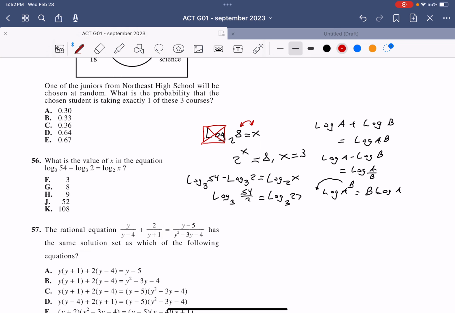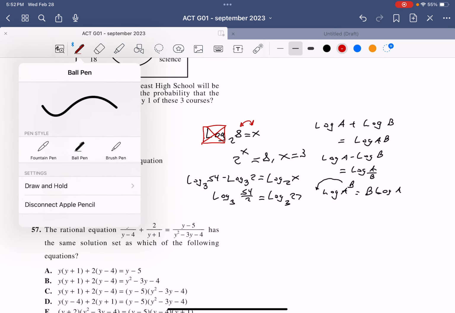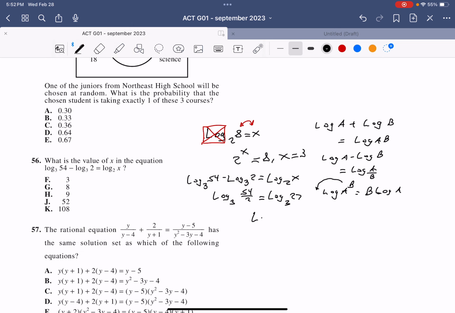I'll rewrite it first: log base 3 of 27 is equal to some number, we'll call that y. We're going to commit a murder, kill the log and bury it, and hide the evidence by switching the 27 and the y, and then rewrite it. So it's 3 to the power of y is equal to 27, which means y is equal to 3.